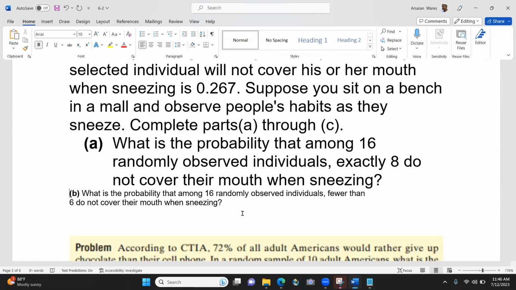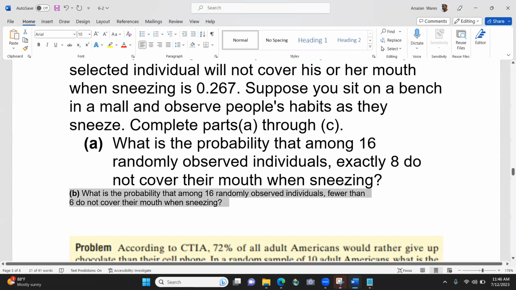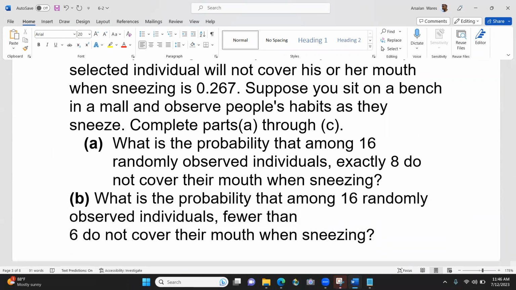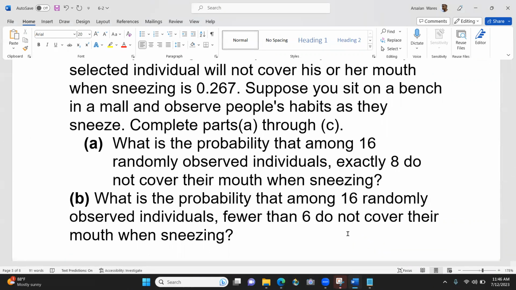Okay. Fewer than 6 don't cover. What does that mean? That means, so you chose your 16 people, same as before. So the number of people that do not cover is your success. So it could be one that don't cover, probability that two of them don't cover, probability that three of them don't cover, the probability that four of them don't cover, the probability that five of them don't cover, all those things.